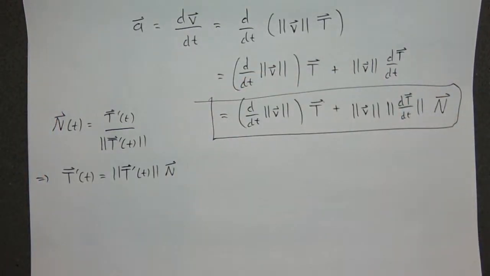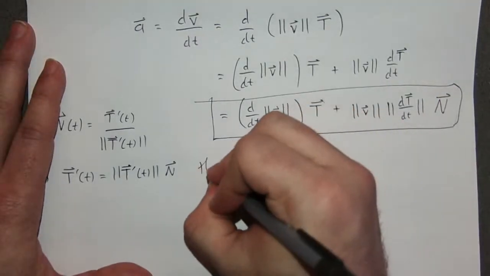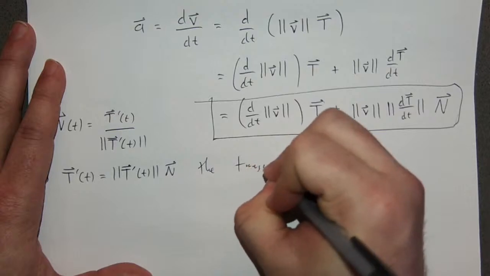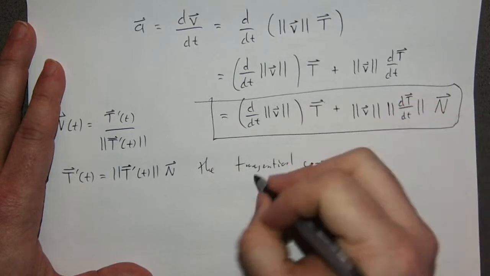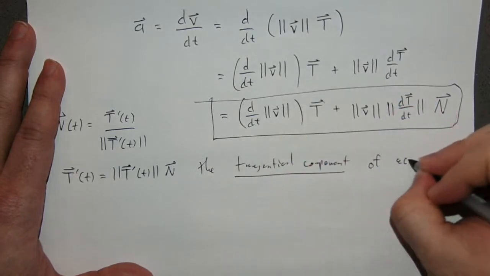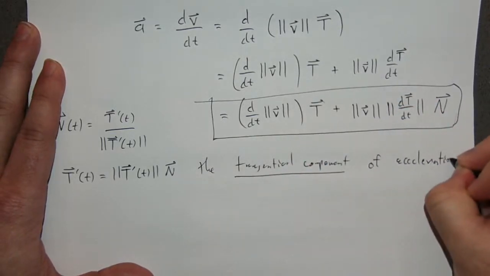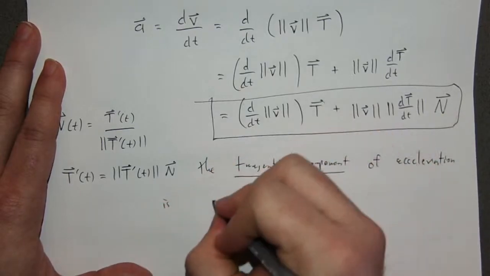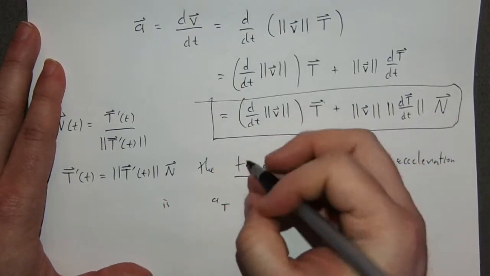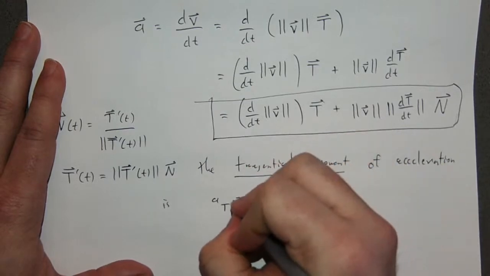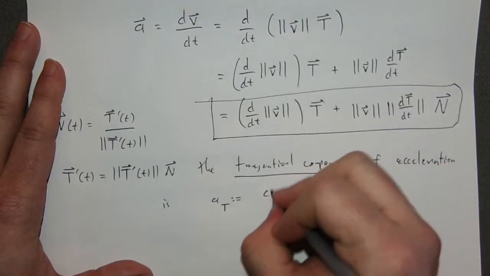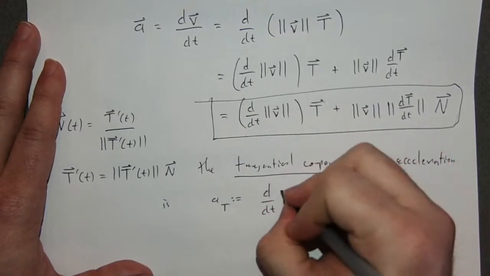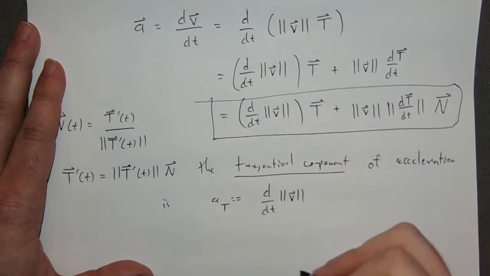Okay, it's just in a slightly annoying form. Right, so the tangential component of acceleration, we'll call that a sub T, is defined to be this coefficient on T. So this is the derivative of the speed, right?